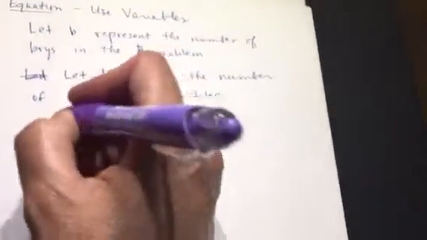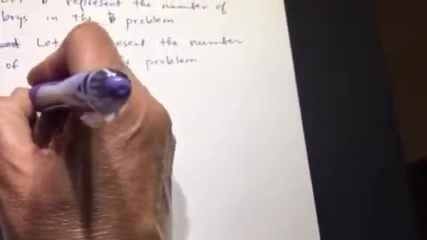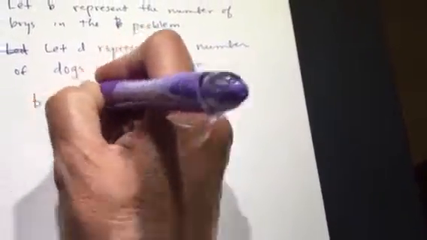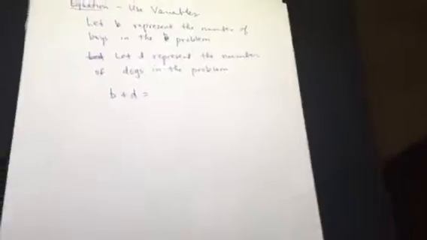Then you're really going to need two equations for this setup. And one of them would be this: B plus D equals 12. And that's the equation to represent the number of heads in the problem.